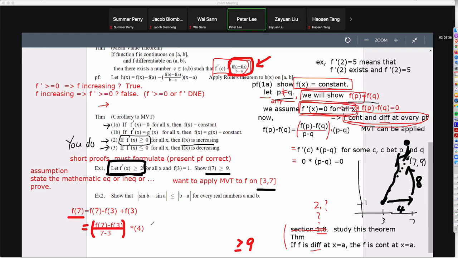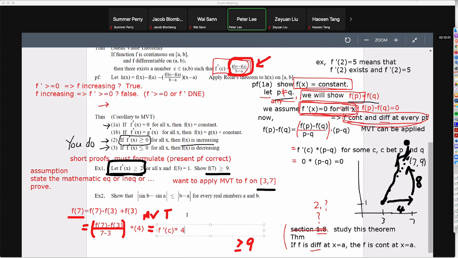So now we can apply the mean value theorem, MVT, right here. And so what is that equal to? That will be f prime at c somewhere, and then times 4. So here what I'm saying is that there is a c somewhere between what?